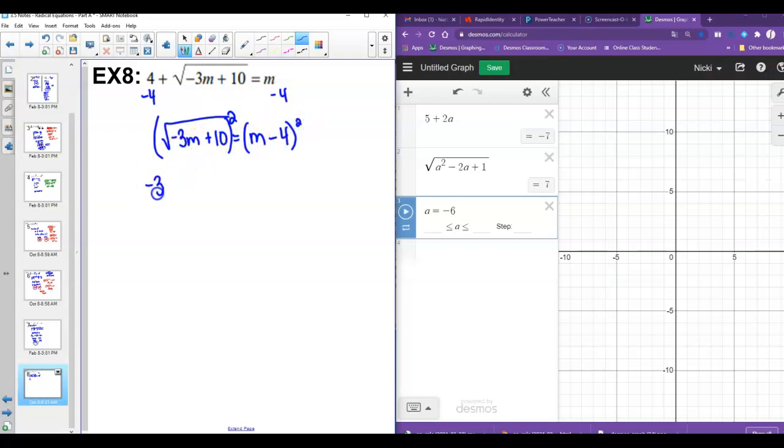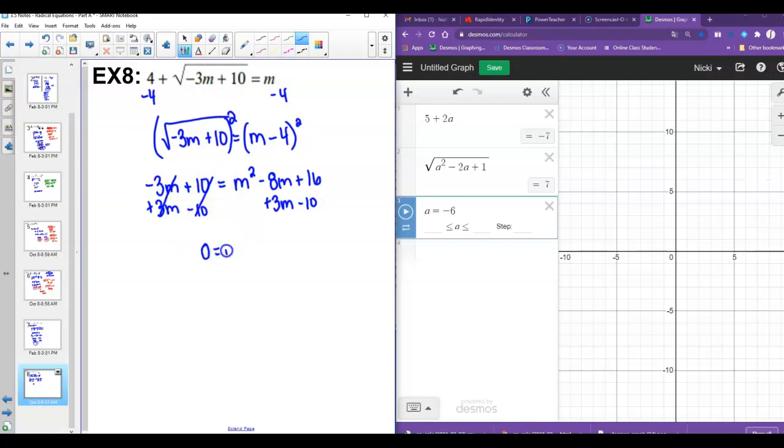And so we'll have negative 3m plus 10 on the left-hand side. On the right-hand side, remember this is m minus 4 times m minus 4, so I'm going to square, double square. I'll have m squared minus 8m plus 16. And so we want to move everything to one side, so add that 3m and subtract that 10.